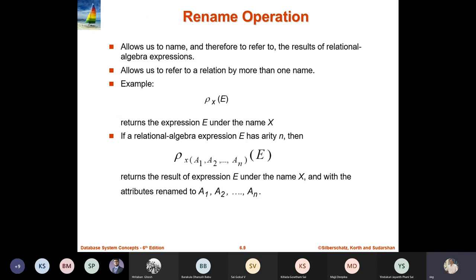There are other operations too. The rename operation allows us to rename and thereafter refer to the resulting relational algebra expression, and allows us to refer to a relation by more than one name. Renaming rho x of e returns the expression e under the name x.